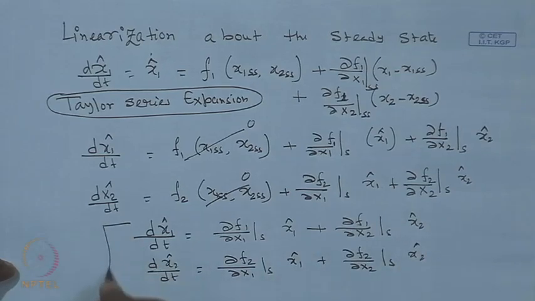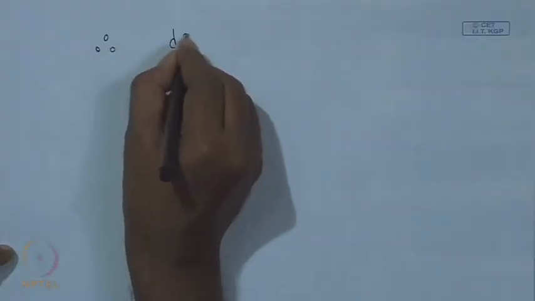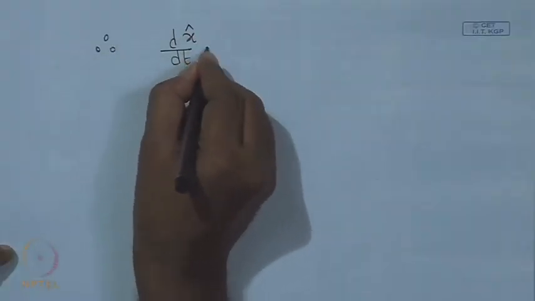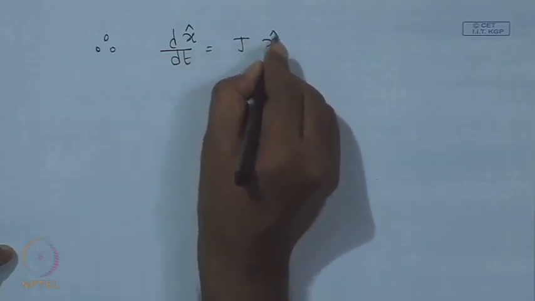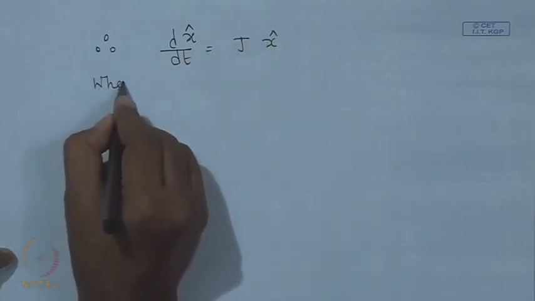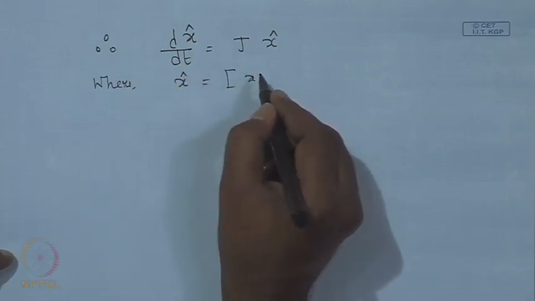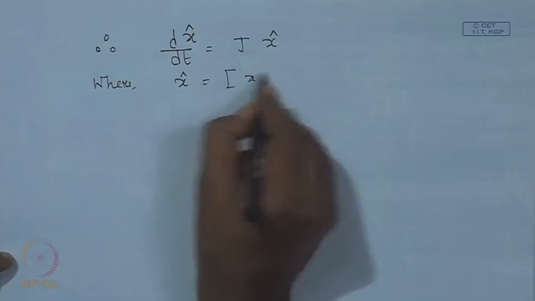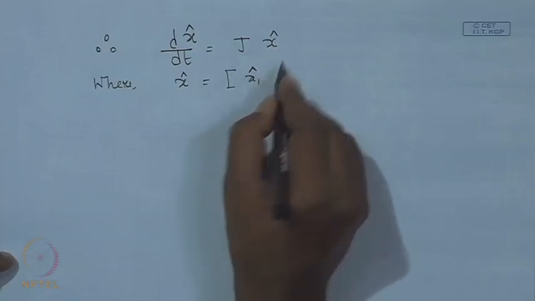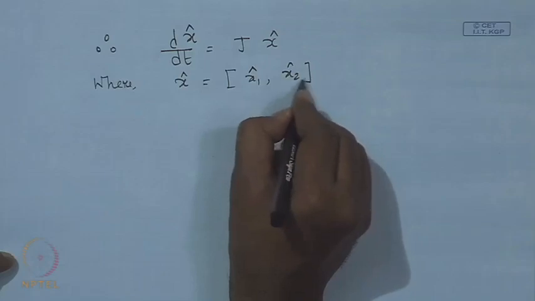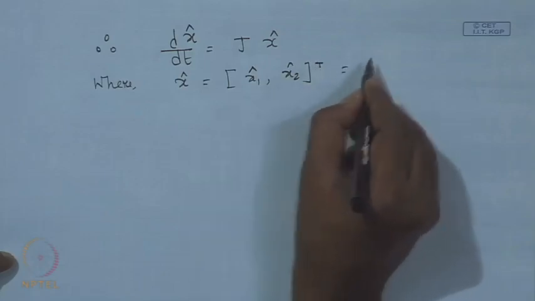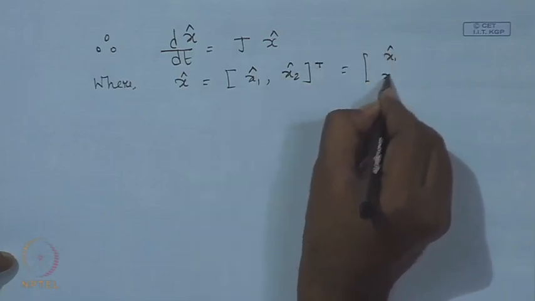These two equations in the deviation variables can be written in a compact matrix form as dx hat dt is equal to J times x hat, where x hat is a vector having two elements, x1 hat and x2 hat, and transpose of that.